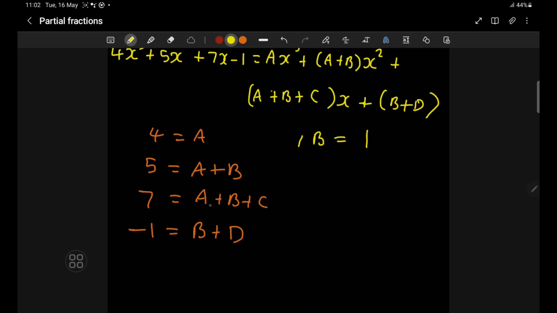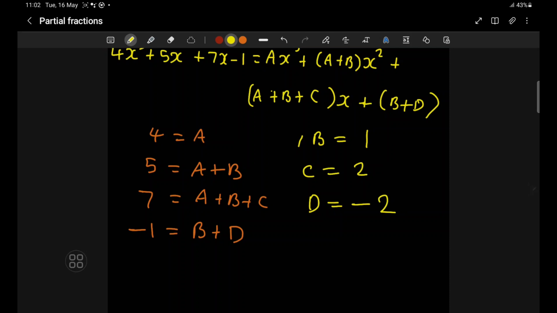So if we have the value of a and b, there is 4 here, 4 plus 1, that is 5. 5 crossing the equal sign, we have 7 minus 5, that's 2. So we have c is equal to 2. And finally d, if we replace b with 1, negative 1 minus 1, that is negative 2. So d will be equal to negative 2.